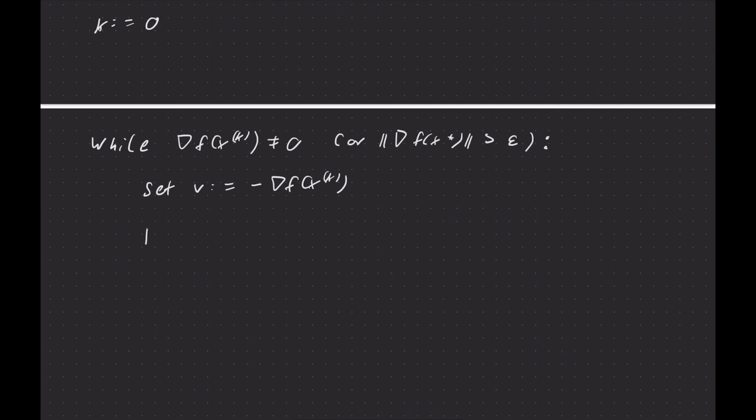So next thing that we do is we find a lambda that is positive, such that if we move away from xk in direction v for a step size of lambda, so we scale that direction with lambda, we move away from xk in that direction, and how far we move, that will be determined by lambda.